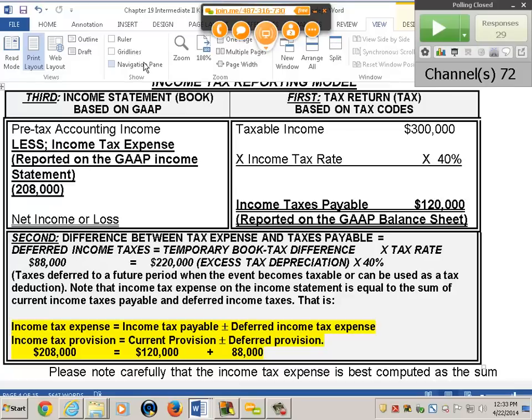The change in the tax payable is the current provision, and the change in the deferred tax account is the deferred provision. So again, the justification: different objectives, GAAP and tax, different reporting methods lead to different expenses and liabilities. The difference is the deferred tax.